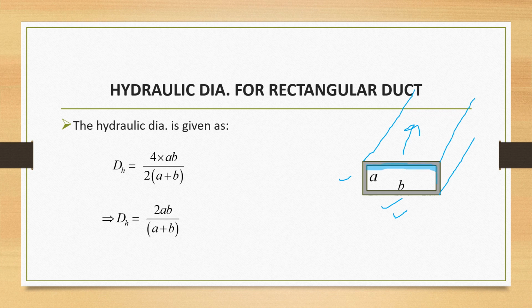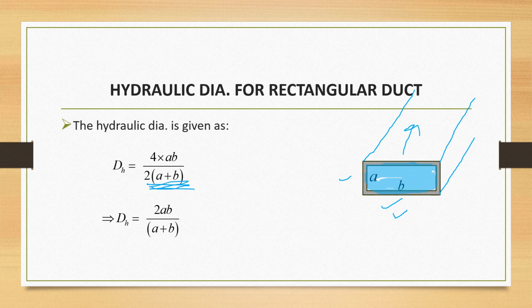Okay, so if we want to write the wetted perimeter, it will be the perimeter of this inside rectangle. Okay, so it will be 2 times of A plus B. This is the wetted perimeter.